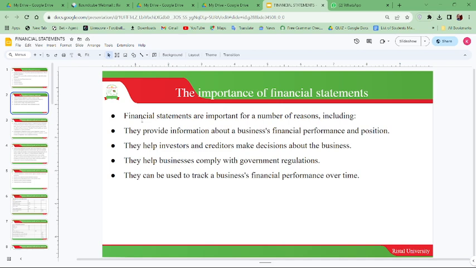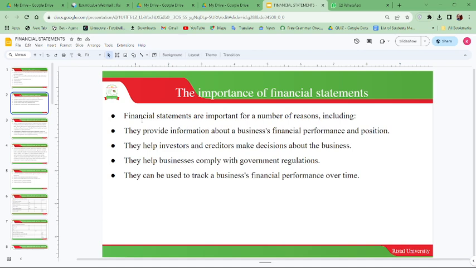They help investors and creditors make decisions about the business, whether to invest in that business, or whether to lend to that business.